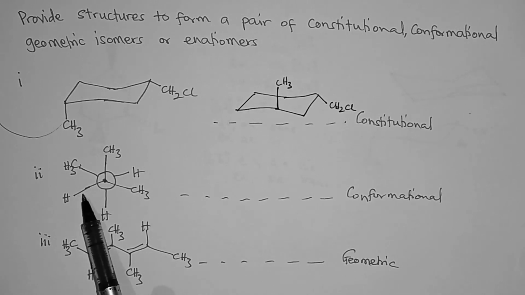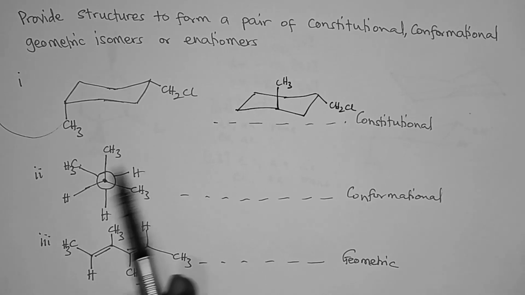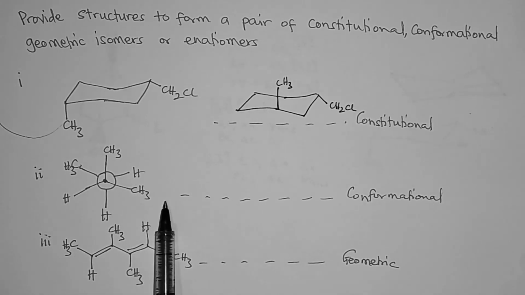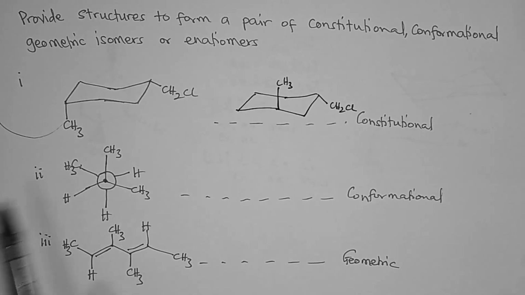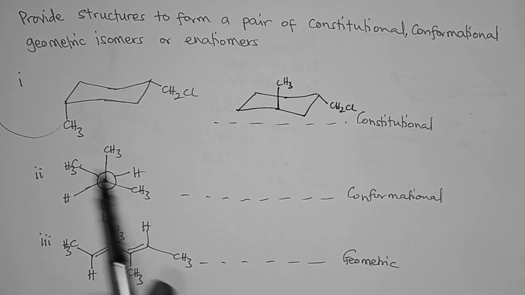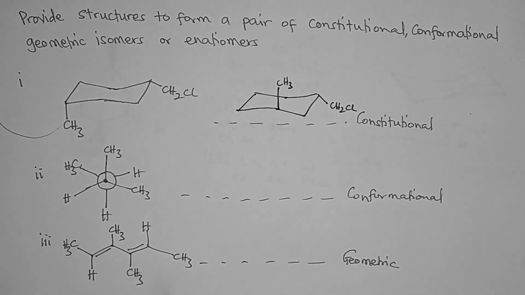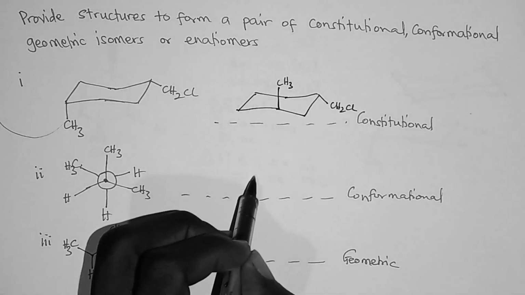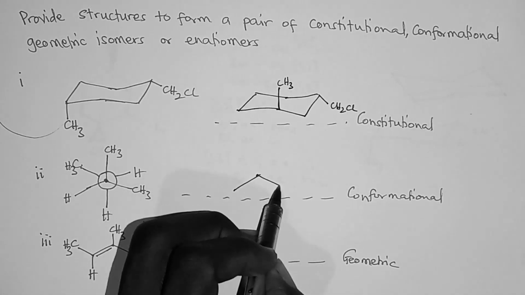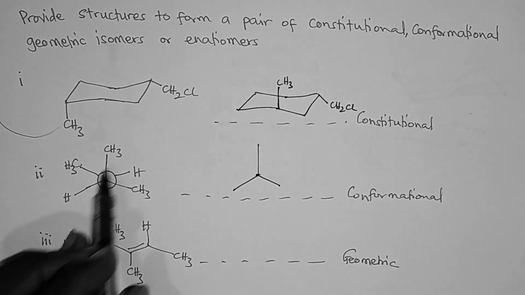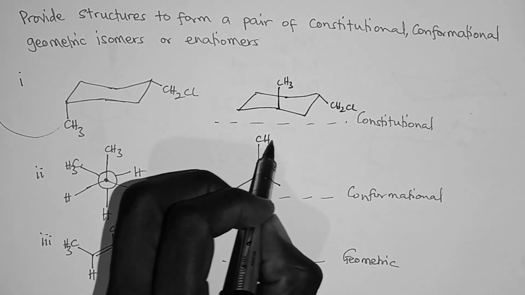Then it talks about the conformational. So you can see that this is a staggered conformation. So we can draw an eclipsed conformation of this molecule. So let's draw the eclipsed. So this is the carbon in front. So there's a CH3 here.